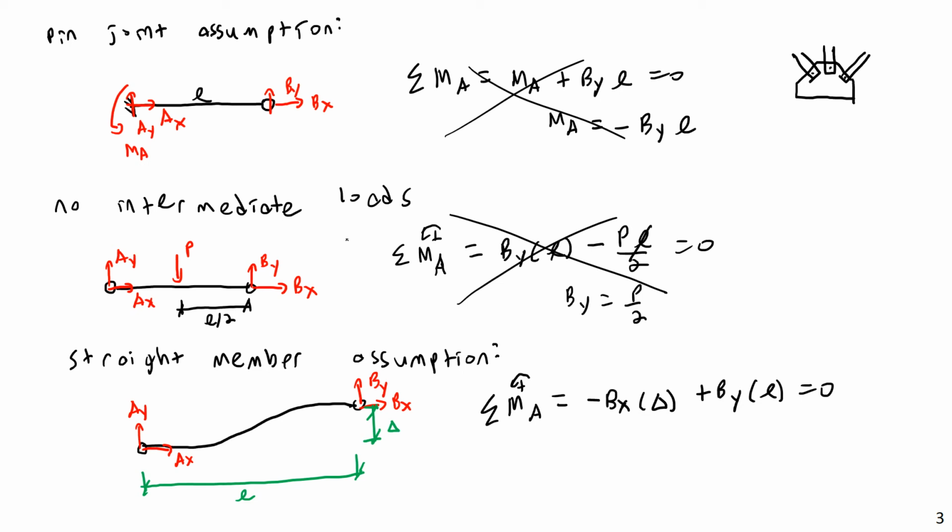Next, no intermediate loads. If you're designing a real-world truss, you can ensure that most of the loads are applied primarily at the joints, but the key word is most. It is fundamentally impossible to make it so there is never any load applied between the joints, and the main reason for that is gravity.